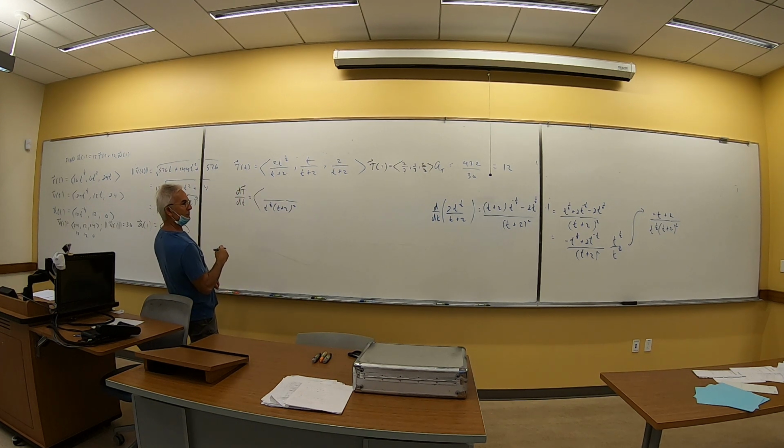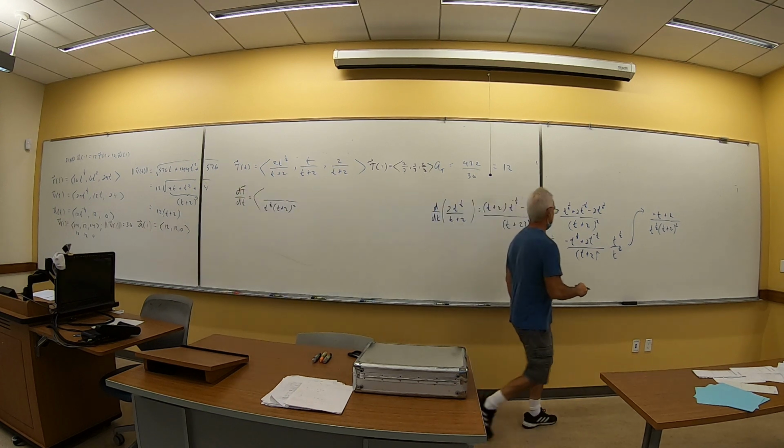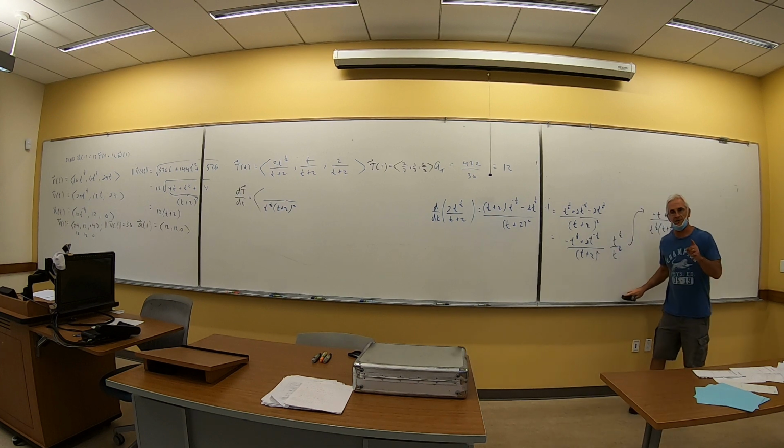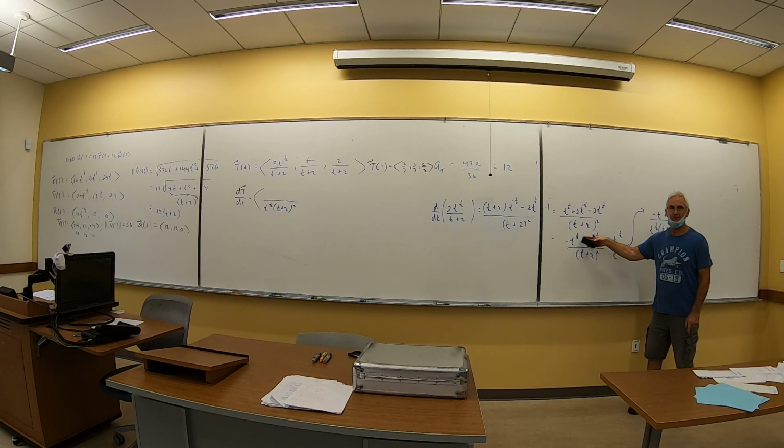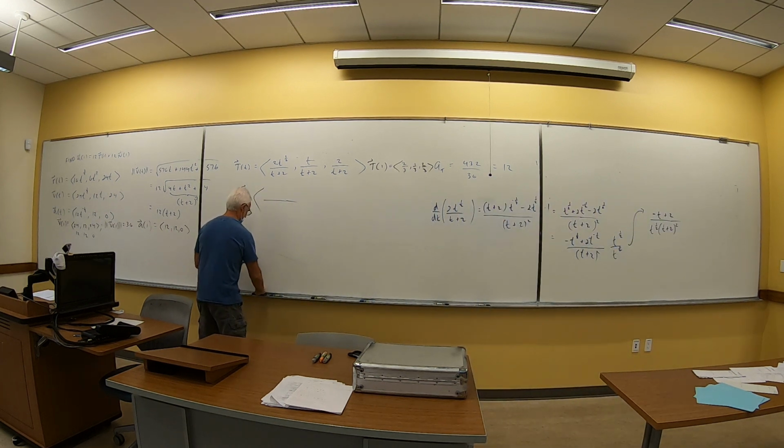And then the top was, you know what I'm going to do? Because we know we're going to evaluate this at 1 eventually, I'm going to leave it in the ugly form. And I'm going to show you why. I'm going to leave it in the ugly form there, where I have halves on top.